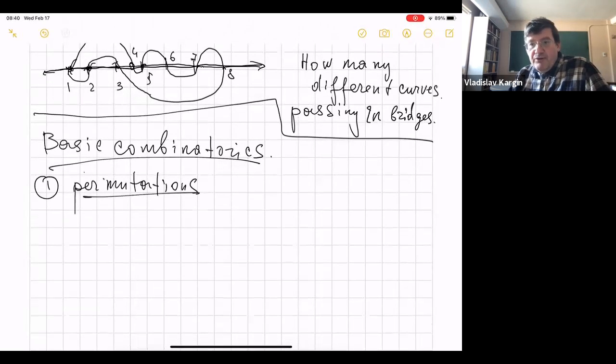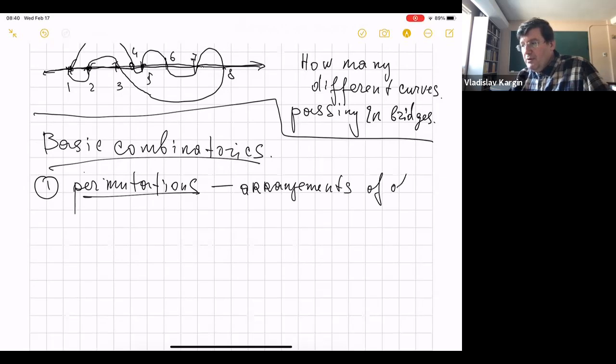So what is a permutation? It is an arrangement of objects where order matters.